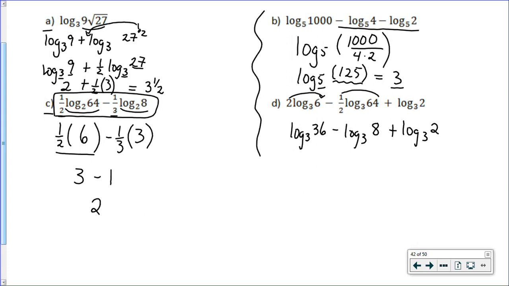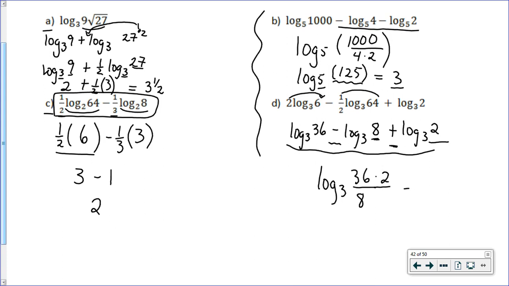And now, at this point, I might combine all 3 of these into a single logarithm, log base 3 of 36. I'm going to have to divide by 8 because I'm subtracting it here. So 8 goes in the denominator, and the 2 at the end is going to be in the numerator because I'm adding it, so times 2.